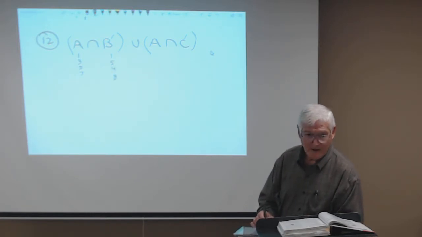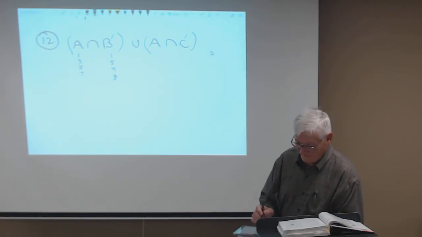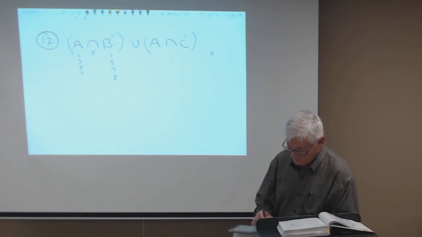The complement of B, everything in the universe that's not in B. Then what's the intersection of those? 5 and 1, actually. Well, let's put them both in there. 1 and 5.